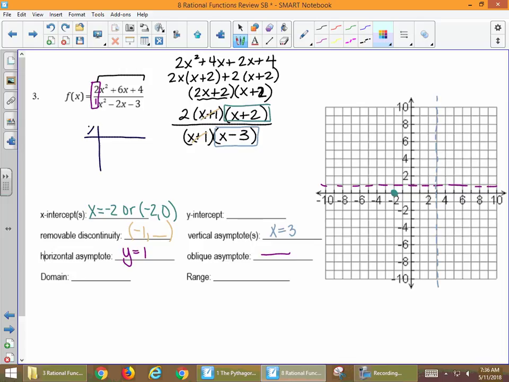So to get that y-intercept, again, you can do it purely from your calculator. I like doing the math as well. We're going to put in 0 for x, so 2 times 0 plus 2, and I always use the reduced fraction because it's the same everywhere except for at that hole. That reduced fraction here fills in the hole. So on the top I have 2 times 2, which is 4, and the denominator I have -3.